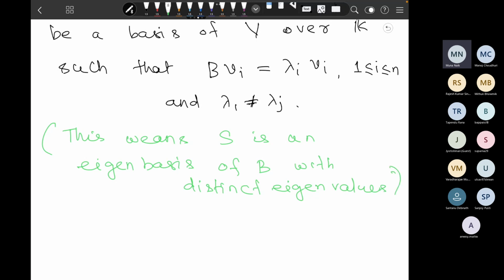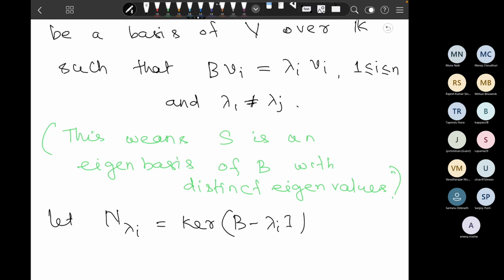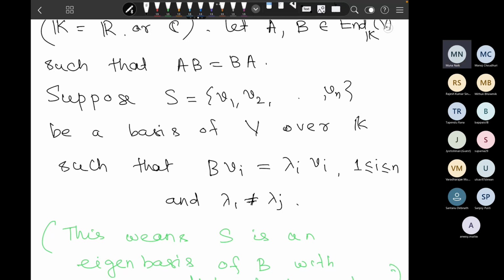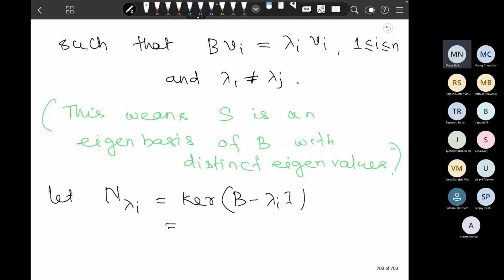So I am assuming this. Now let's look at this null space N(λ_i), which is the kernel of (B − λ_i I). Since B has distinct eigenvalues, this null space is one-dimensional, and it is really nothing but the span of v_i, for i from 1 to n, because the eigenvalues are distinct.